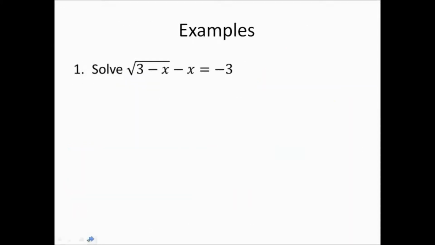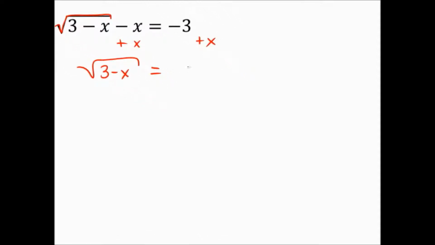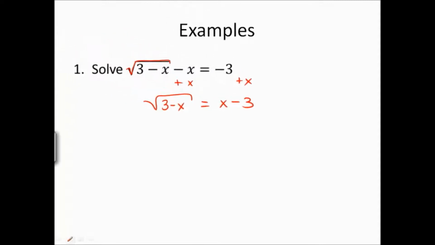Let's look at an example. Here we have a root on 3 minus x and the rest is other terms. So first step of the process is to isolate the root. So let's add x to both sides so that our root is on its own. So we have root 3 minus x equals, and this will be x minus 3. Now we can square both sides.